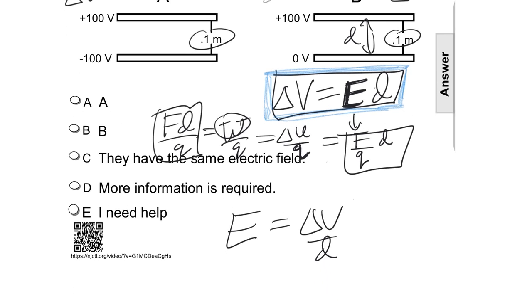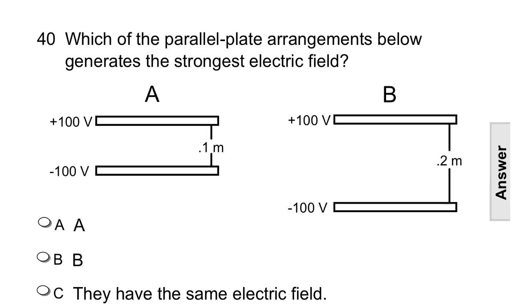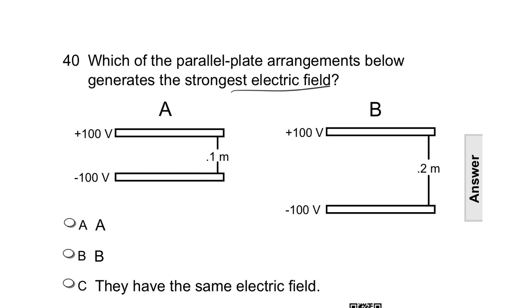So the bigger potential difference is going to be the one with the higher E. This is the same for both of them. The one with the bigger potential difference, the difference between the potential on both plates, is going to have the higher E. So that'd be A.